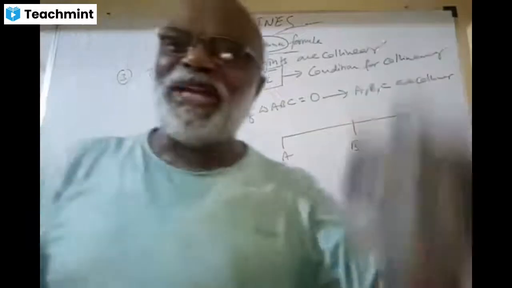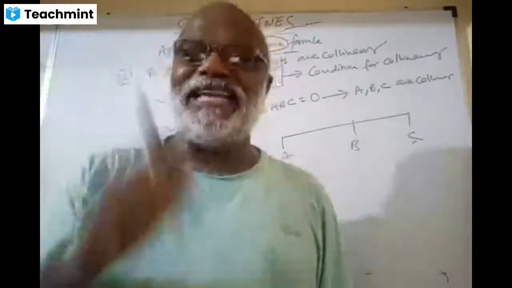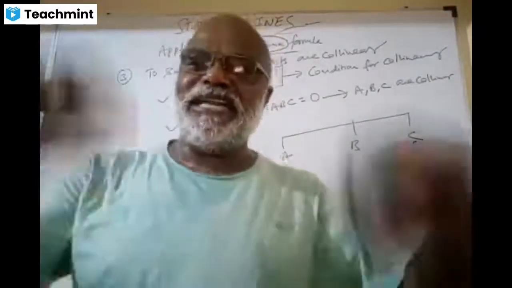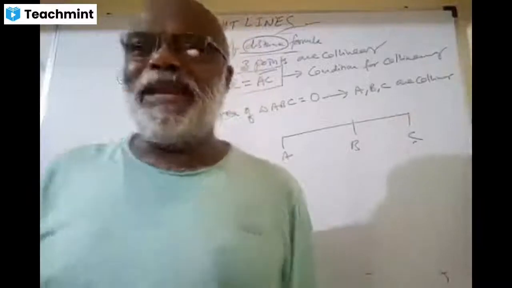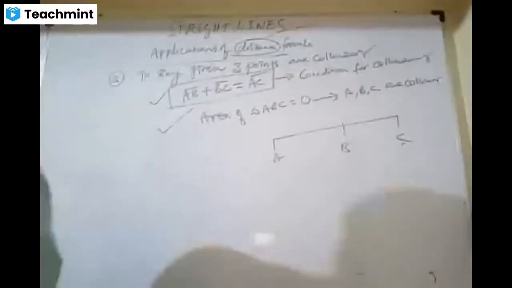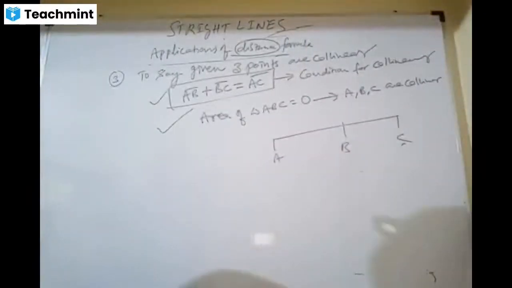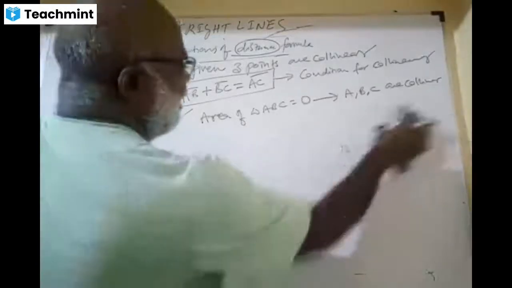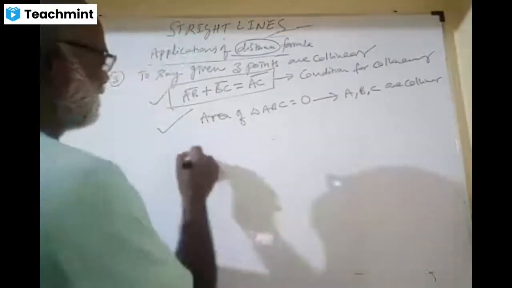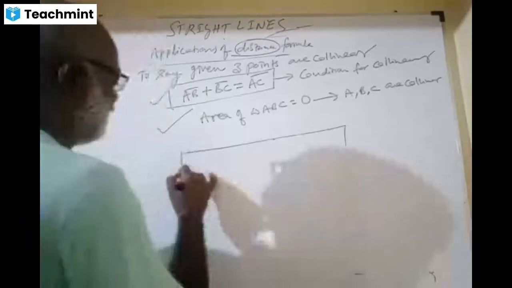Now, one more rule I told you in the 10th standard, just for the sake of knowing. Can anybody tell what is that? Slope of AB equal to slope of BC equal to slope of AC, sir. Yes, we are going to study it now, friends.